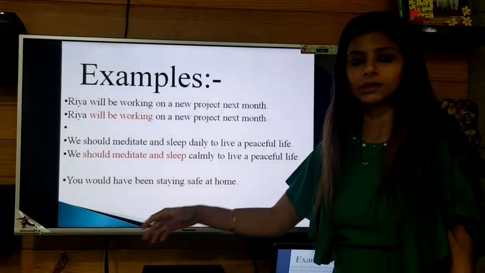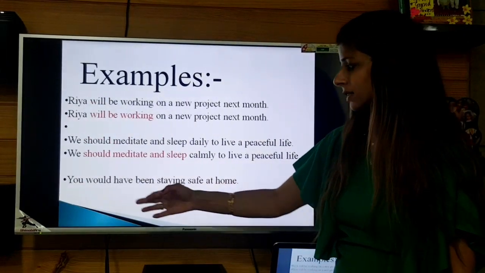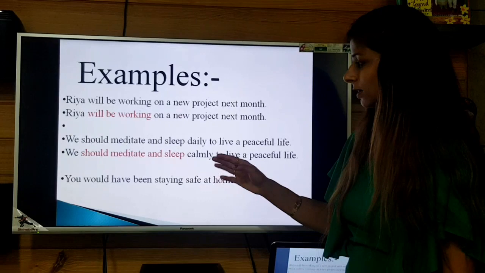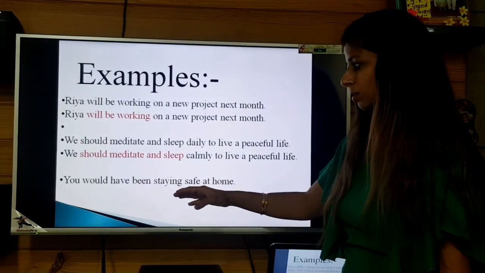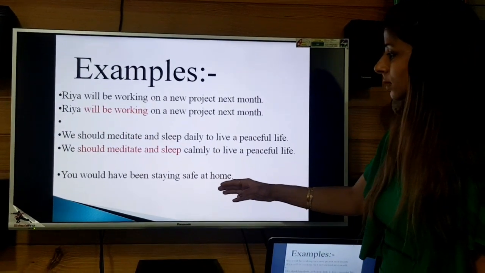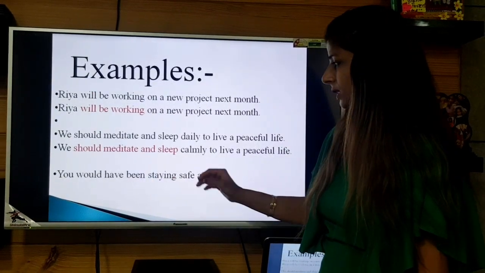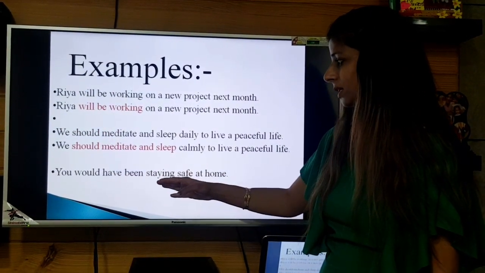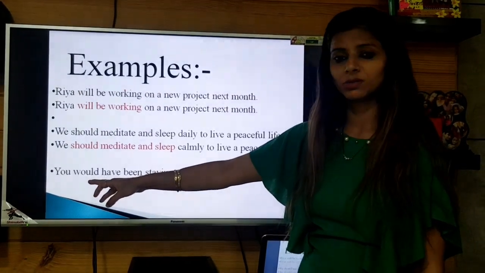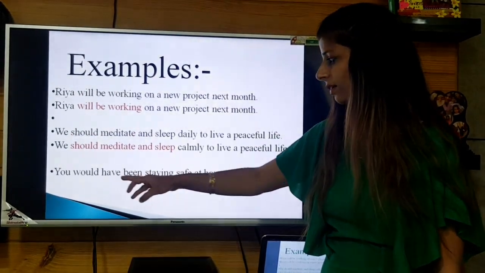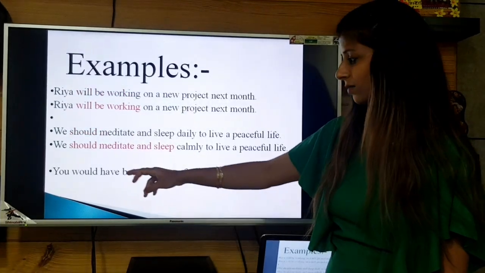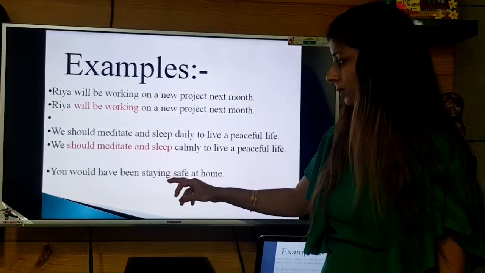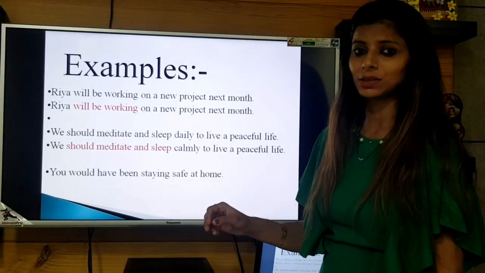So here it is in very simple form, and this is the form which we use in the future perfect continuous tense. So here, would have been staying: remember, would is a modal auxiliary here, and then have, again a helping verb, been, again another helping verb, then staying, which is the action word.